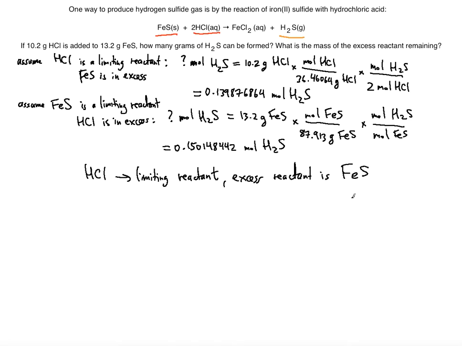So now we're going to find the number of grams of H2S. Right? We're going to use the first as we decided. So we're going to take this number, 0.139876864 moles of H2S, and convert it to grams.